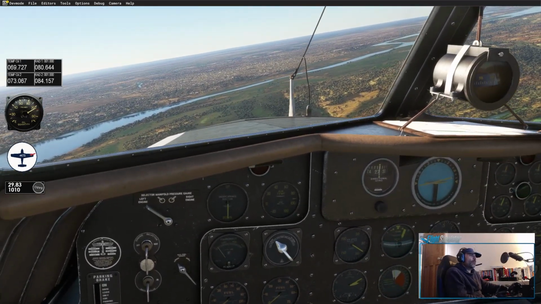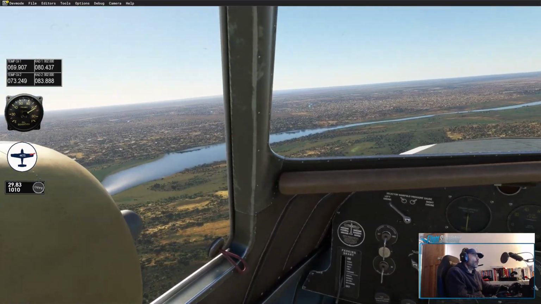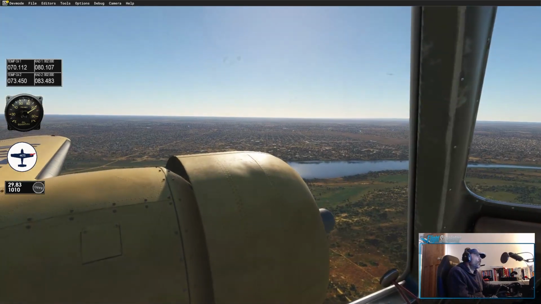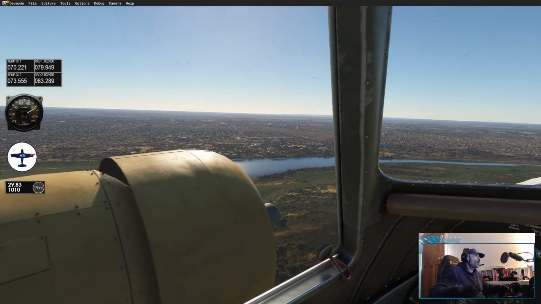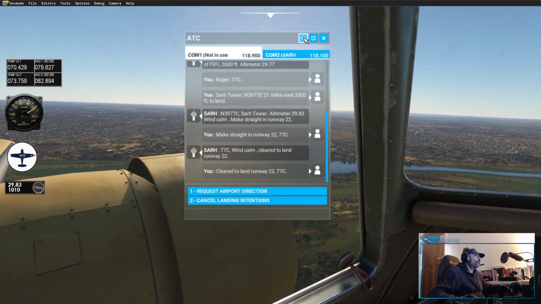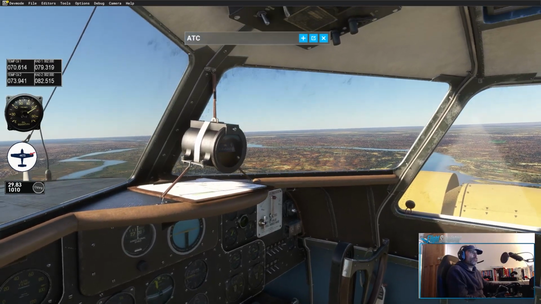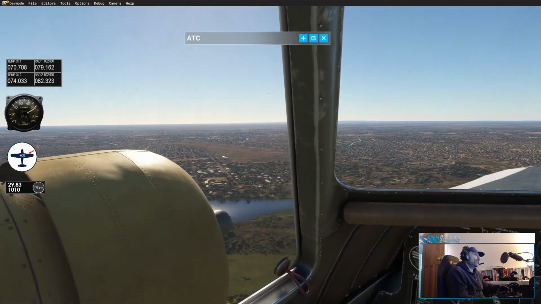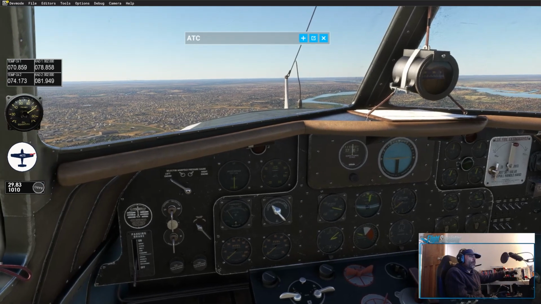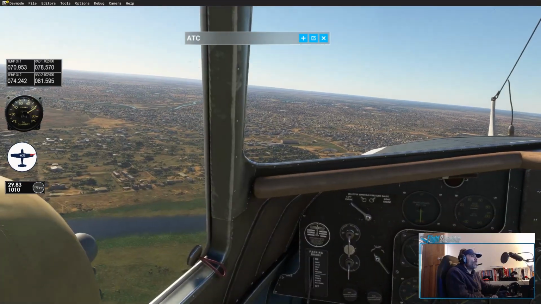Temperatures. Going to put them in now. This is the road. They say 22. I don't like the shakes.